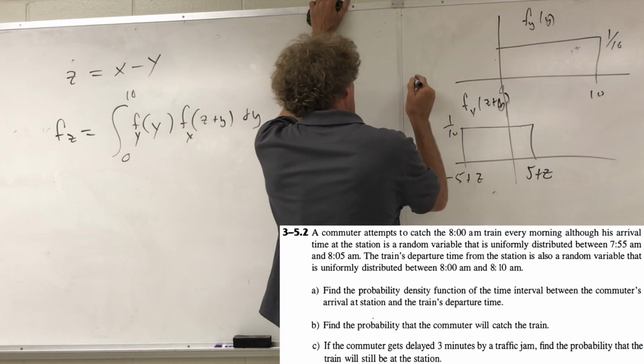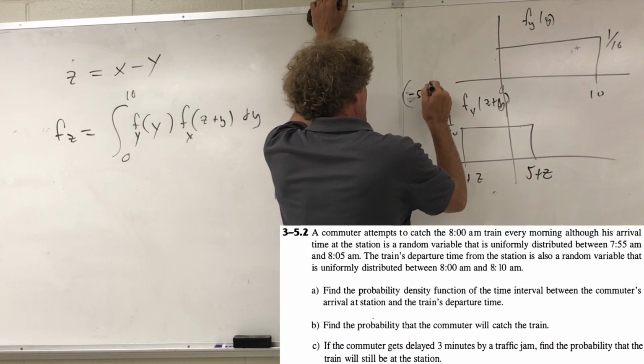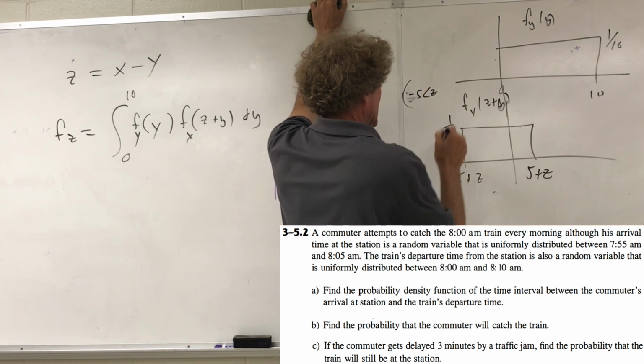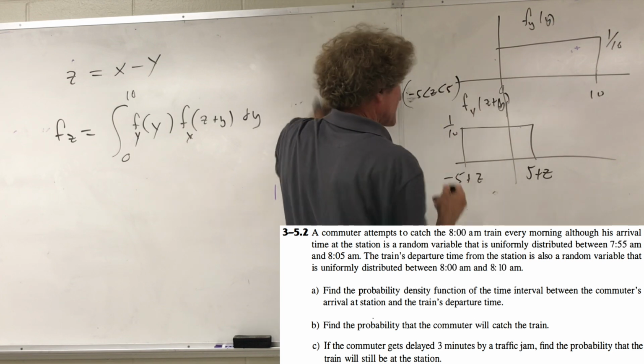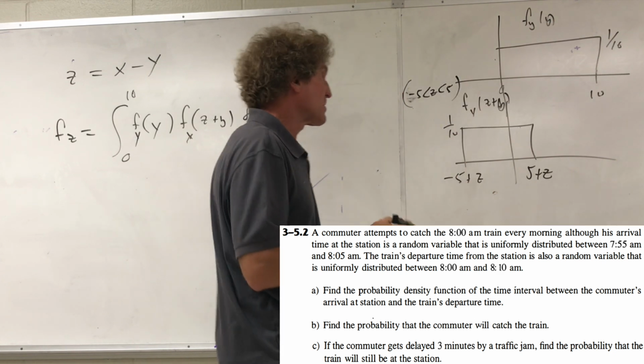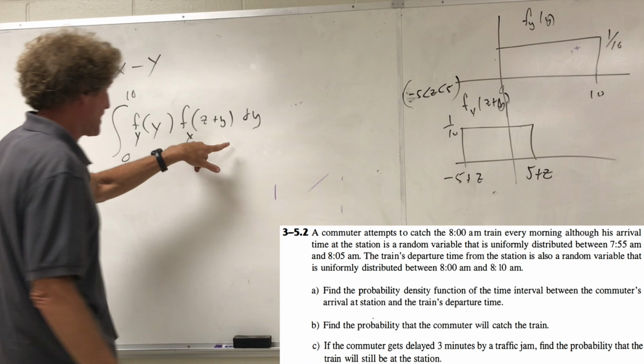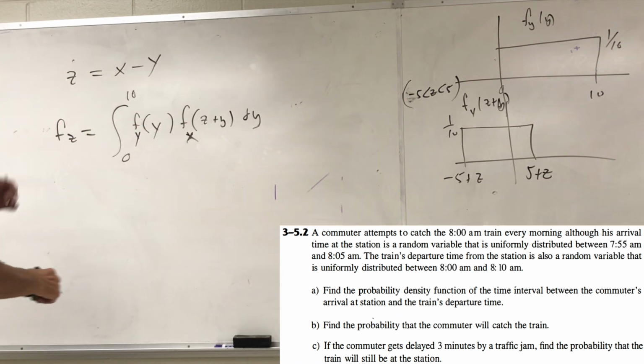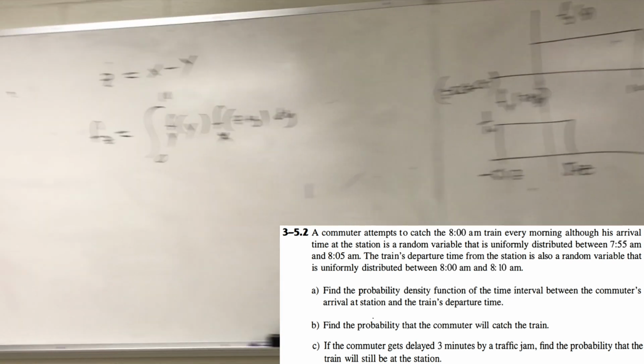But here I'm saying it from minus 5 greater than z and less than 5. So if you can follow me, if you look at this definition right here, I have f x of z plus y. So that's this function right here.